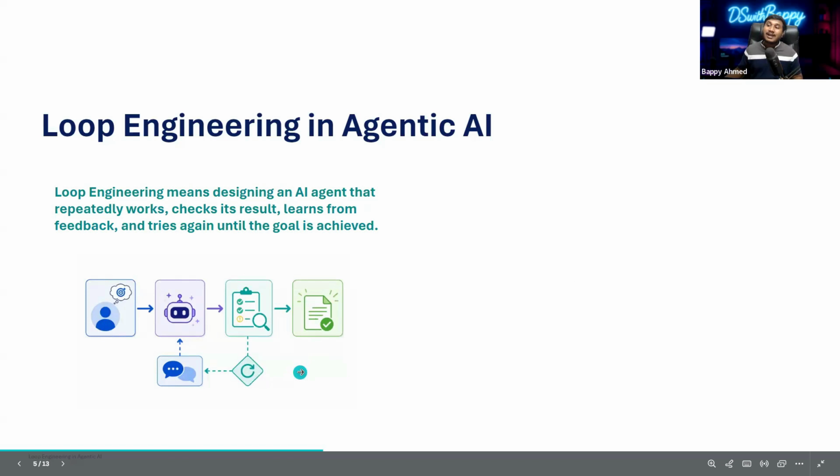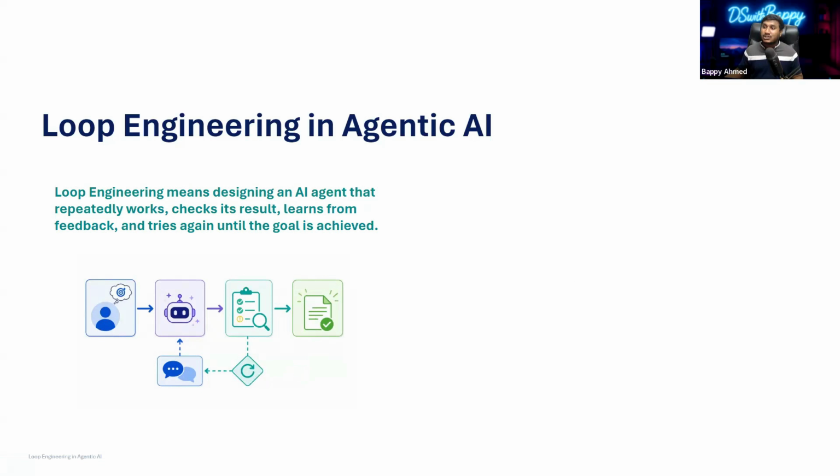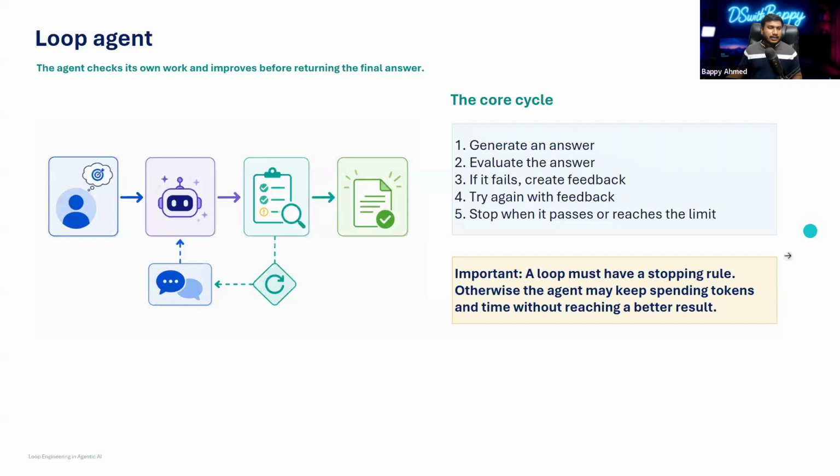This loop should not be an infinite loop. There should be some kind of termination condition. Either you can terminate with the help of HITL, or you can give a maximum iteration, or you can provide a different condition for that. So in these loop agents, first of all it will generate an answer and evaluate that answer.